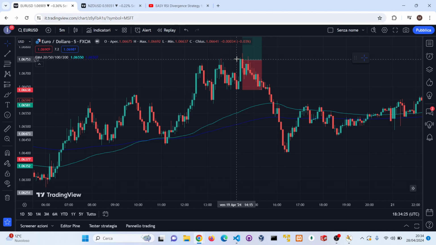In order to check for the RSI divergence, it's not very easy, because for a human it's different to see a divergence than for a robot like my computer or your computer or any program.